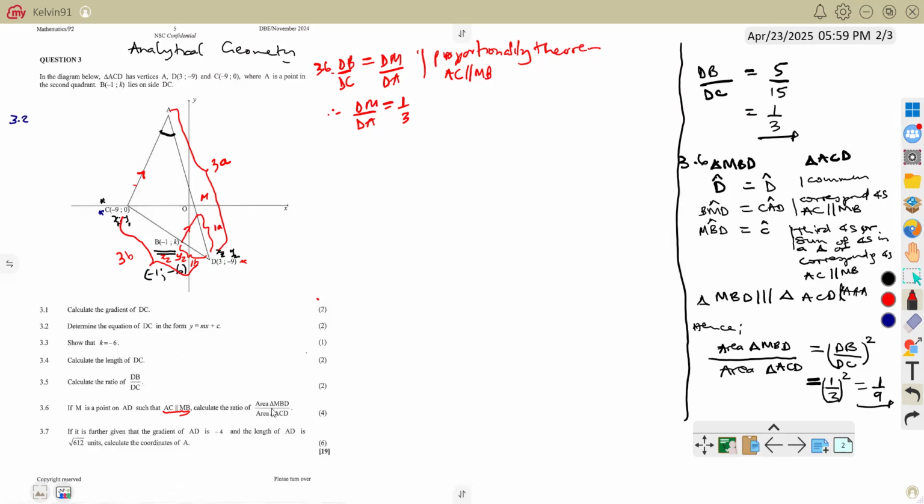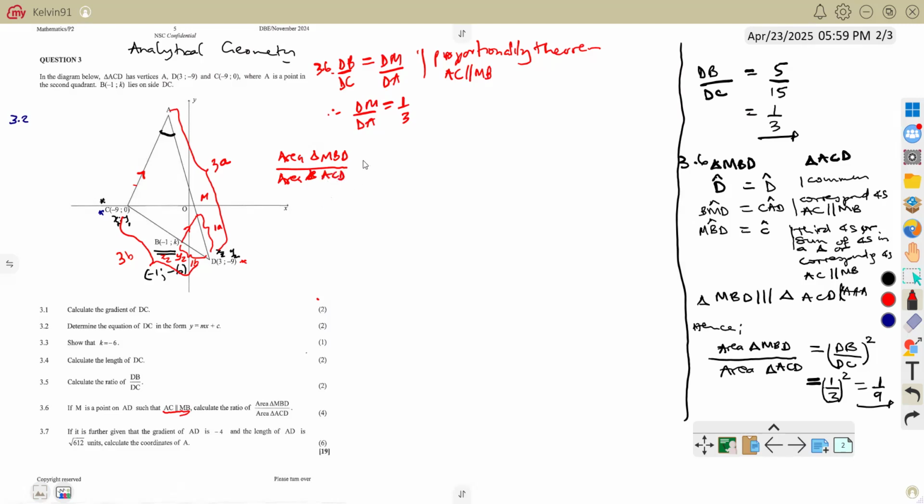Then we go straight from that diagram to answer the question. Area of triangle MBD over area of triangle ACD.